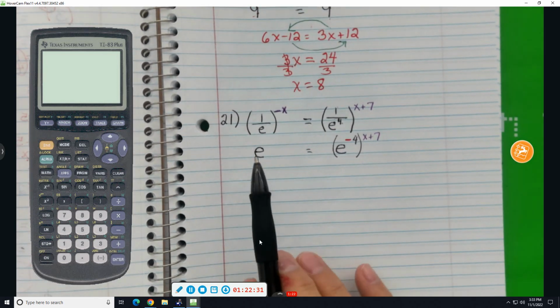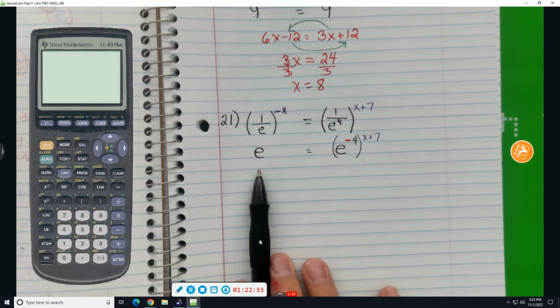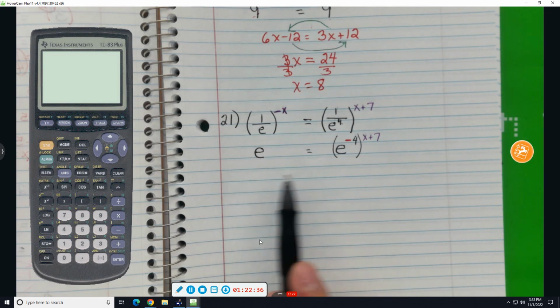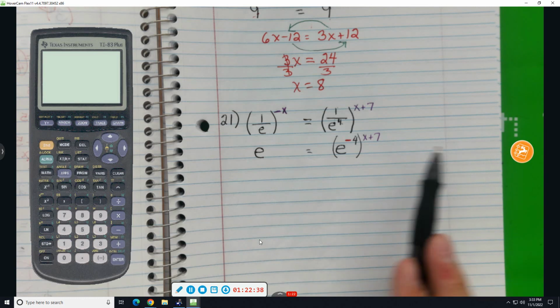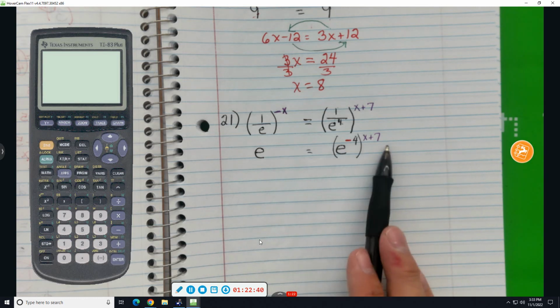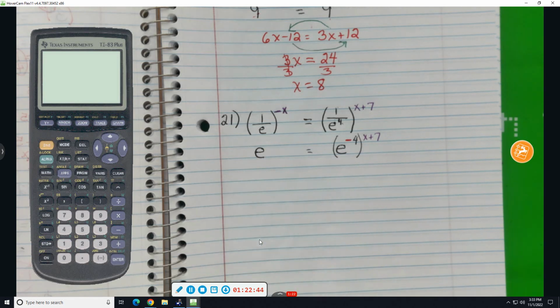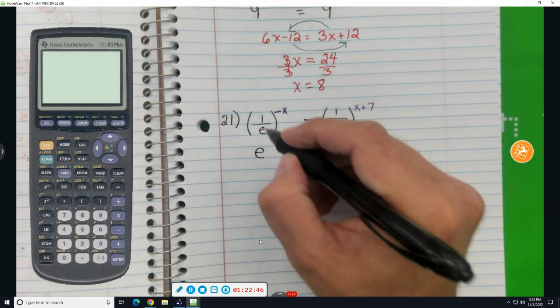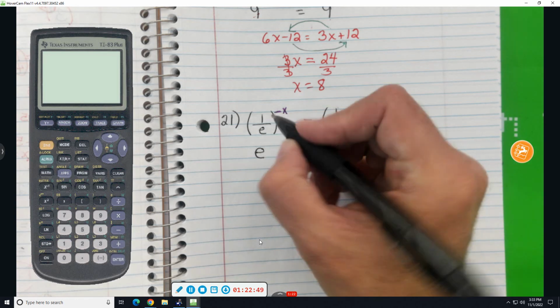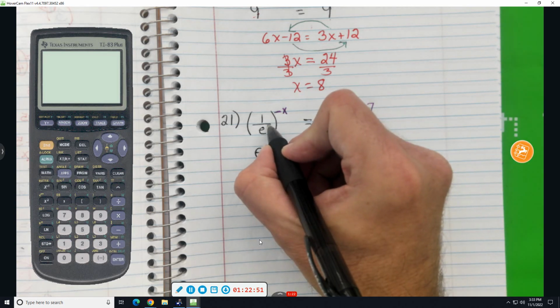I'm trying to write both sides with just an e. An e and an exponent. In a moment I'll get rid of these parentheses by multiplying this stuff. But what about over here? You might think, well, wait a minute, it doesn't have an exponent on the e. And I'm going to say, sure it does.